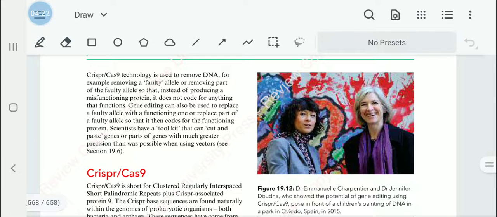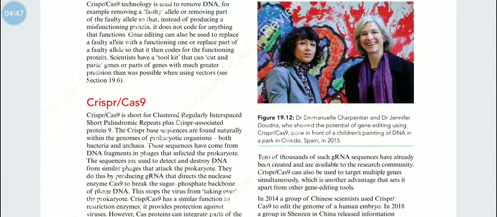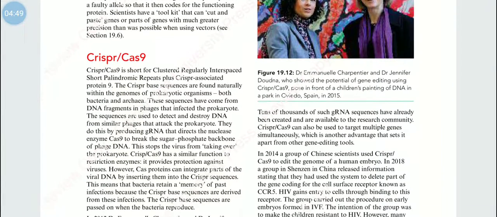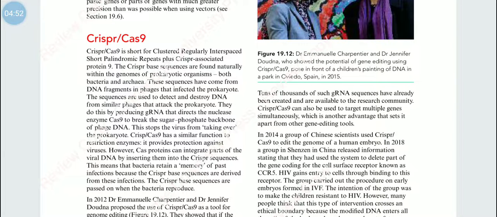This gene editing can also be used to replace a faulty allele with a functioning one, or to replace part of a faulty allele so that it then codes for the functioning protein. So you can use the toolkit to cut and paste genes or parts of genes with better precision than what they did using the vectors.